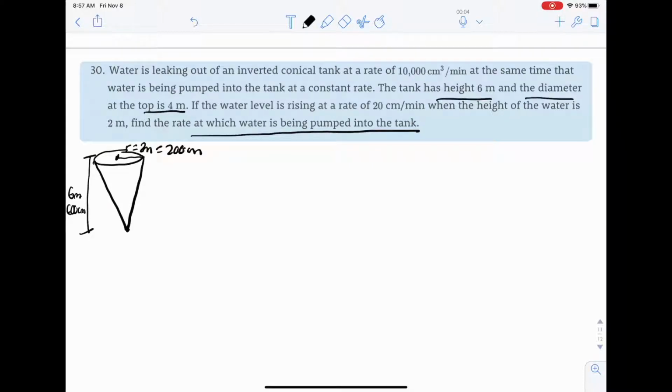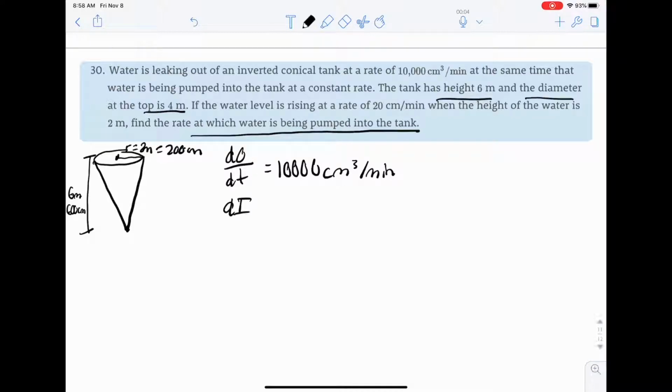So what we know is that water is leaking out of the tank. O for out is 10,000 centimeters cubed per minute. And water is being pumped into the tank at a constant rate, so that's what we're trying to find.